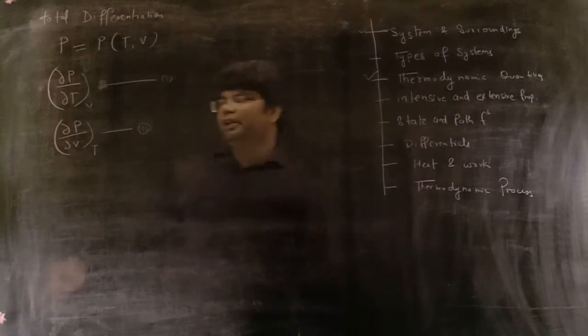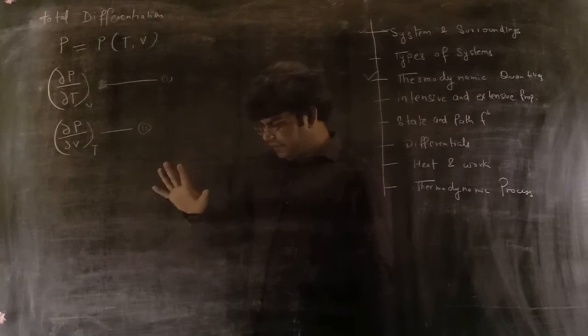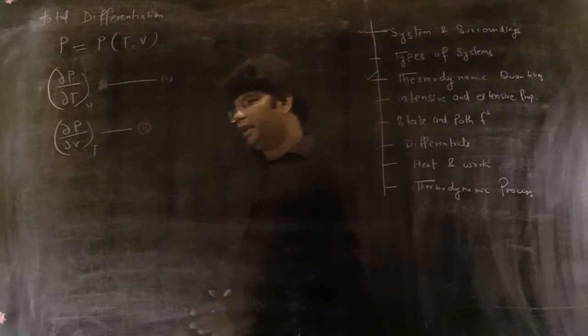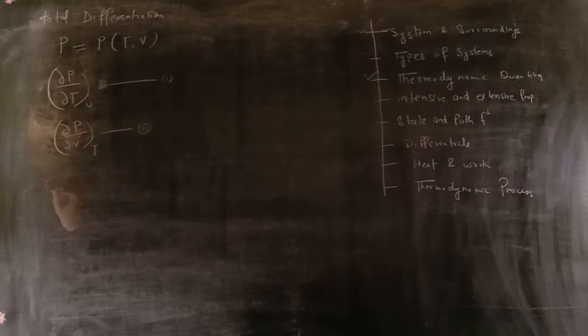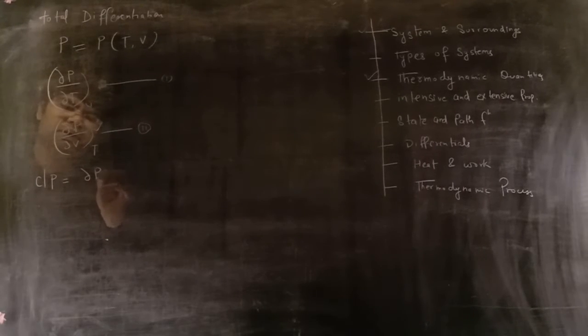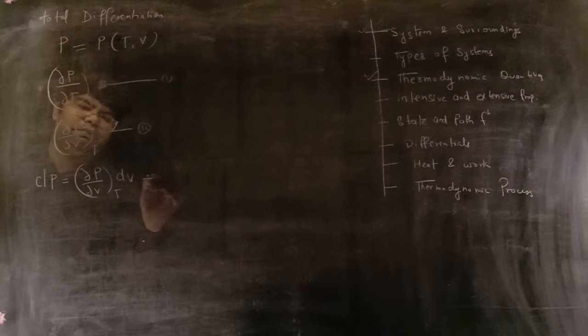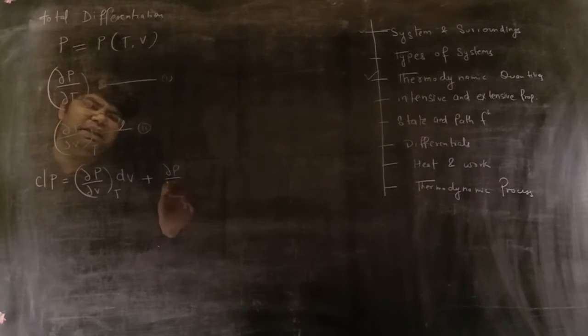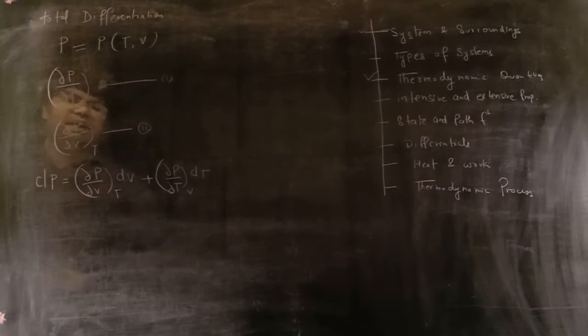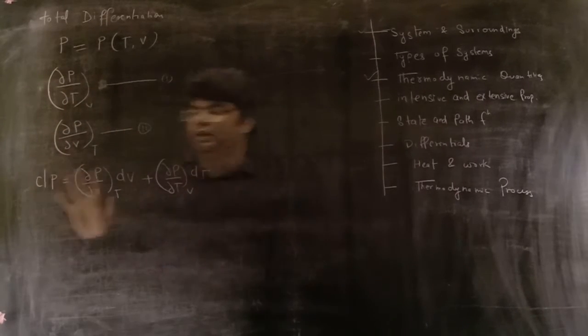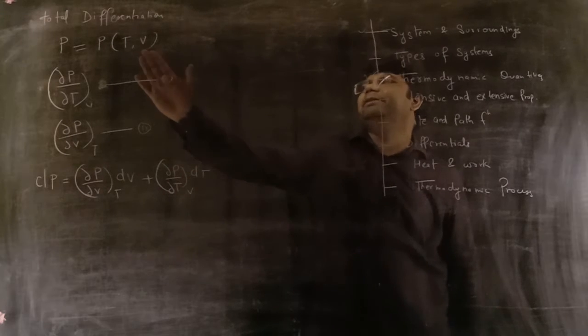Now how will you write the total differentiation of this function? The total differentiation is written like this: dP is equal to del P by del V at constant temperature dV plus del P by del T at constant volume dT. This is the total differential equation for this function.